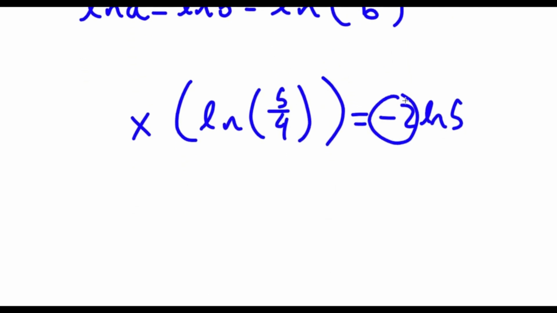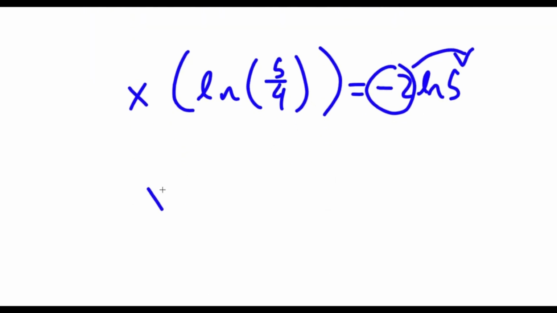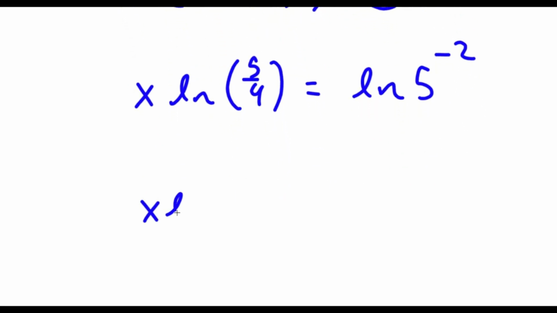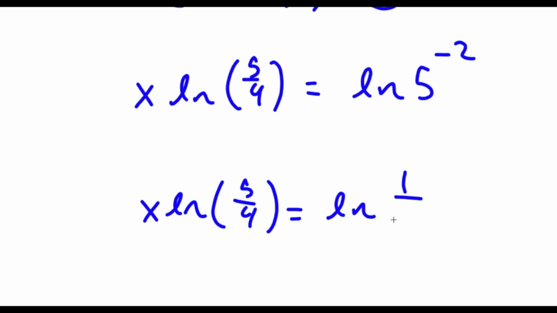Now I can move this negative 2 to the power of the 5. So now I have x times ln 5 over 4 is equal to ln 5 to the power of negative 2. Now 5 to the power of negative 2, that's the same thing as 1 over 25. So now this is equal to ln 1 over 25.